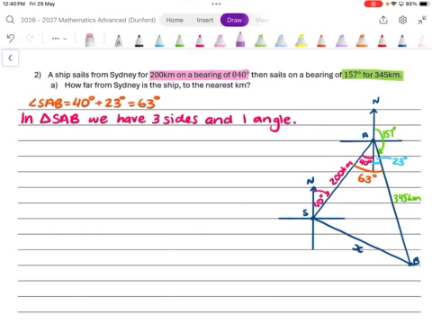All right, so if we have 3 sides and 1 angle, what rule are we going to use? Our cosine rule. So our cosine rule is c squared equals a squared plus b squared minus 2ab cos c. That's where we have our A, our B, our C, and then we have our angle C is in there.